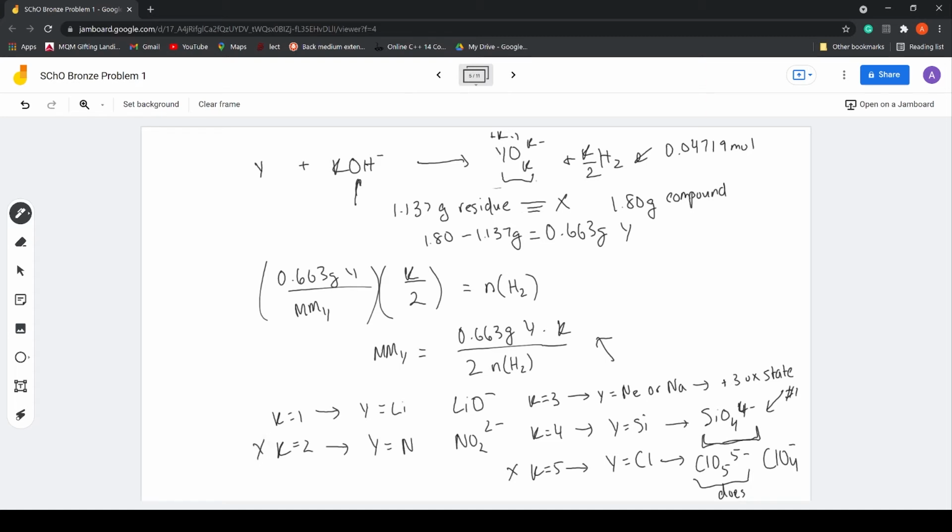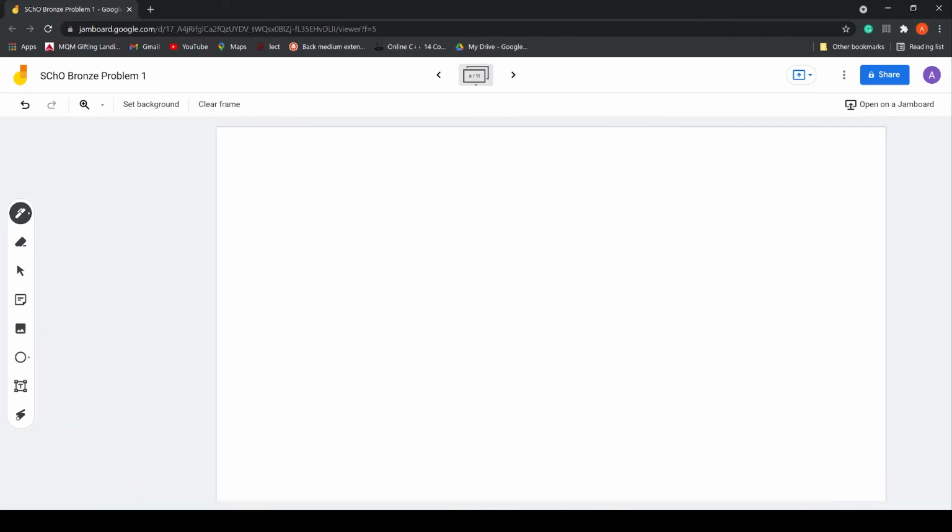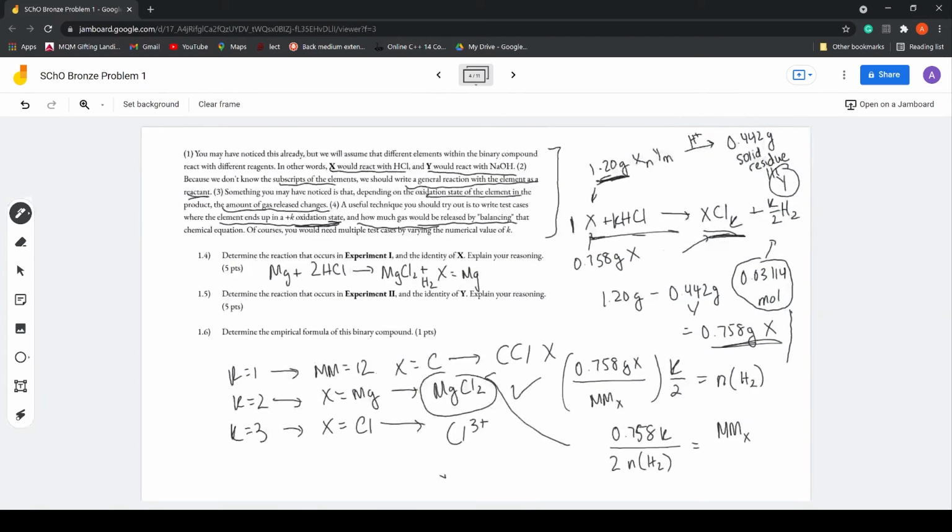So basically, we've looked at a bunch of these options, and we've seen that K equals 4 is the only reasonable option for Y. And this turns out to be correct. We have Y equals silicon. So if we look back at our problem, the identity of Y is silicon.